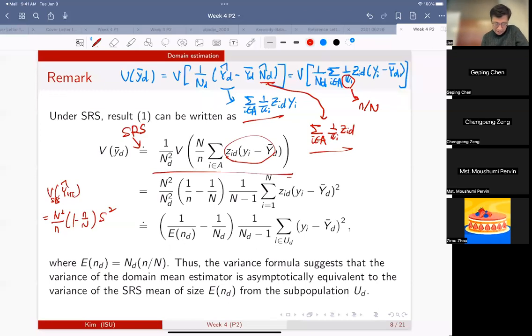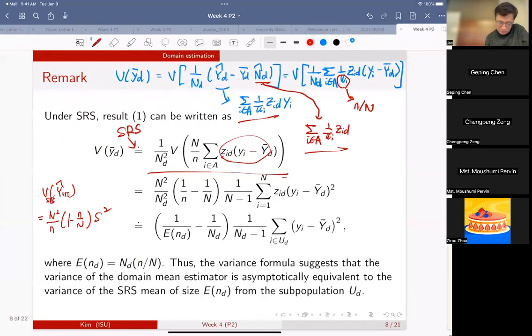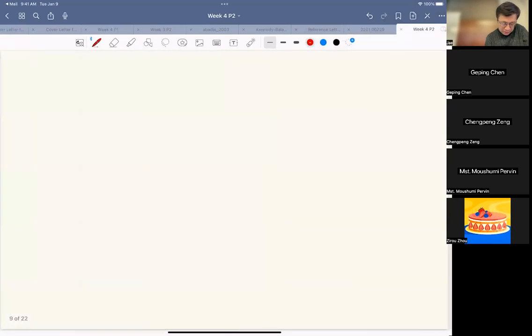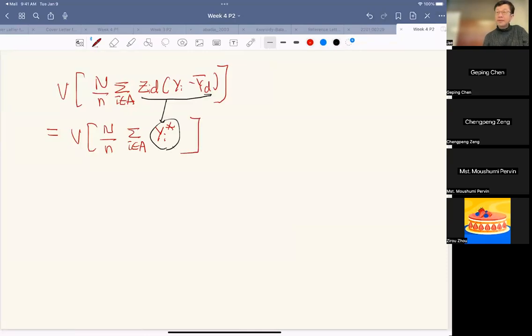So how do we get this one? The variance of the sum of c_id times (y_i minus Y bar d) is just the total of y_i star, where this is y_i star.